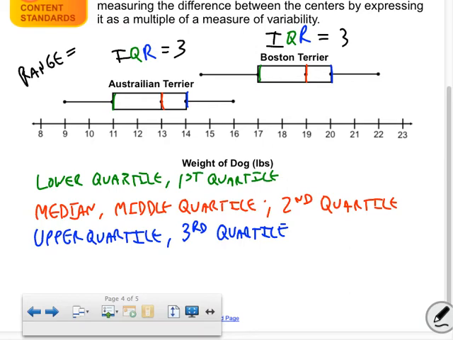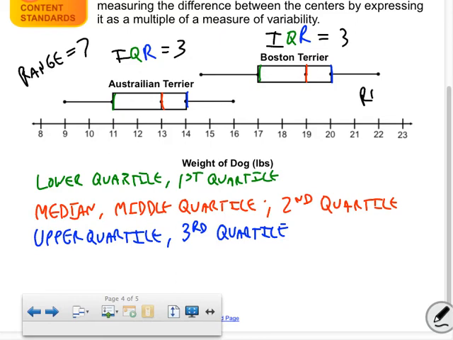But how would I use those numbers to find the range? Trinity, can you help her out? It's going to be 7. If you take the right whisker and subtract the left whisker, 16 minus 9 is 7. Or if you count it, 1, 2, 3, 4, 5, 6, 7. It's 7 units long.